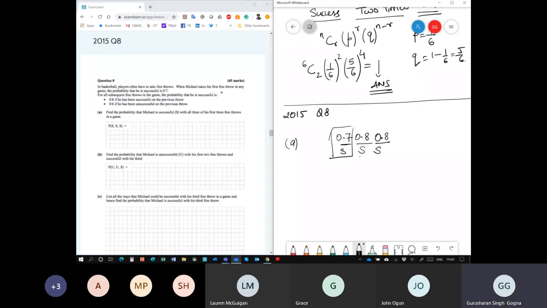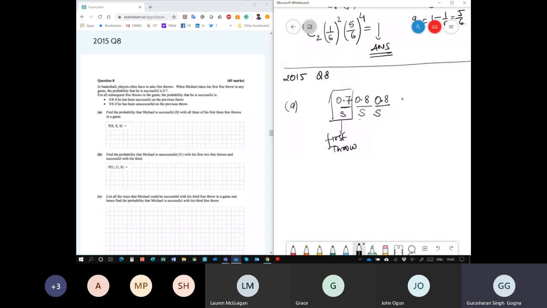When Michael takes his first free throw in any game, the probability that he is successful is 0.7. Okay, so this is the first throw, and if he is successful, then the probability is 0.7. So that's why it starts from 0.7. Next, second and third throw, if he wants to be successful, then the probability has to be 0.8 because in the previous throw he was successful. Okay, so this is the answer for the first part, probability of SSS.